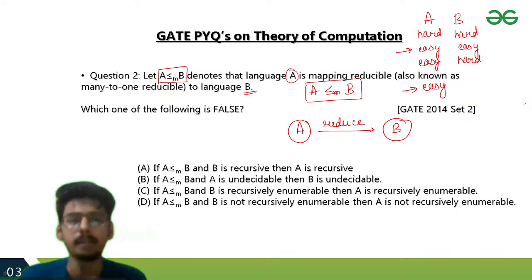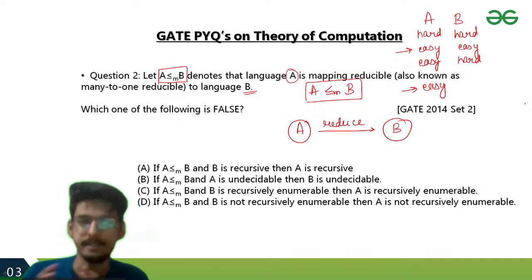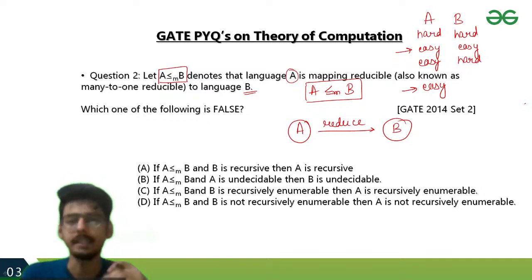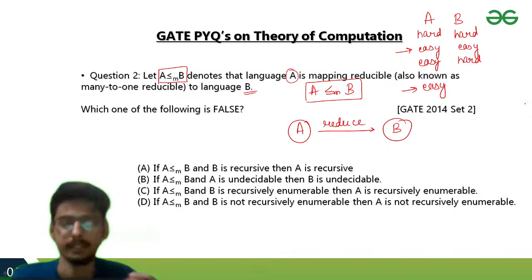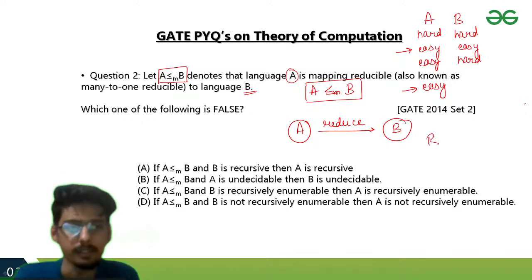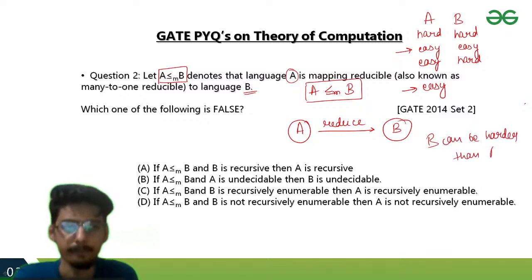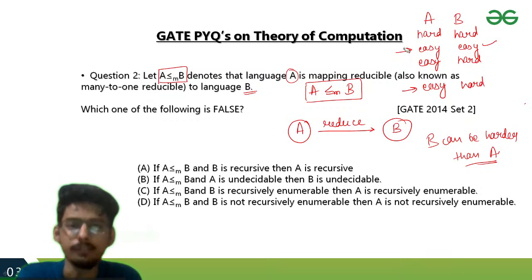Because I told you that B is at least as hard as A. So if A is easy, then B can be harder than A, right? I hope you get this point. So if A is easy, B can be easy as well as hard. These are the four possibilities which you have.